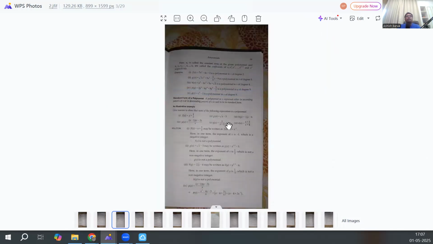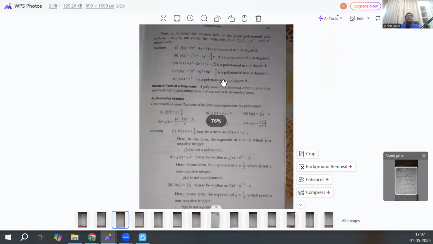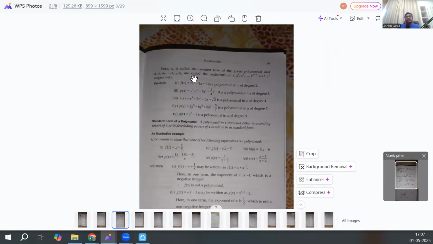Next, we will see what the next terms are. Now, a0 is called the constant term of the given polynomial, and a1, a2, a3, and an are called the coefficients of the terms x, x squared, x cubed, and x to the power n, and so on.